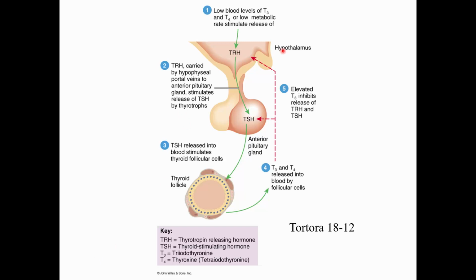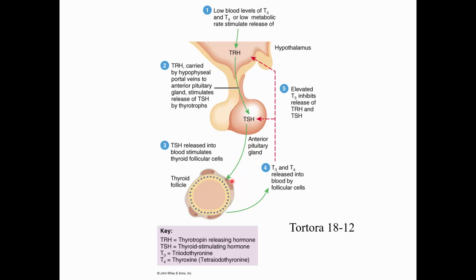In terms of the regulation of thyroid hormone, when you have low levels of T3 and T4, that causes the stimulus of TRH from the hypothalamus. That TRH goes through the portal system directly to the anterior pituitary. The anterior pituitary produces thyroid stimulating hormone.